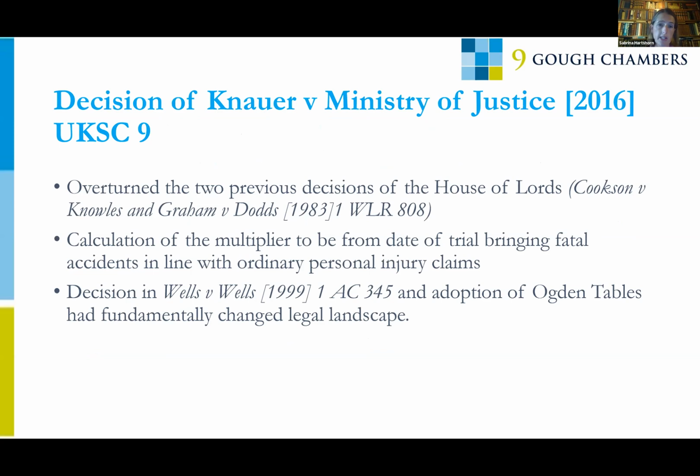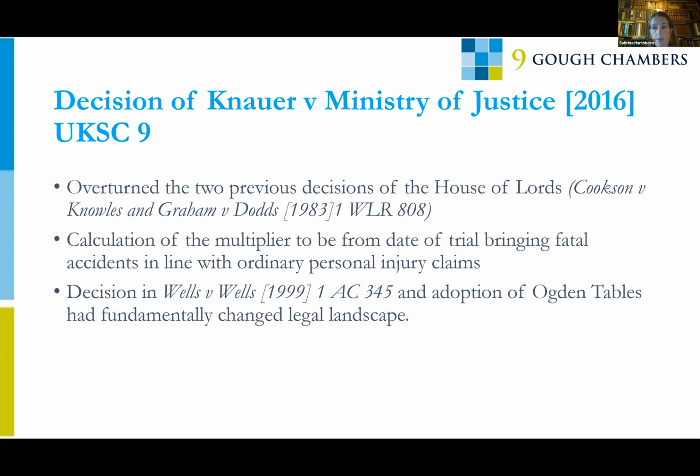So what happened in the decision of Knauer v Ministry of Justice? Well, the Supreme Court overturned the two previous decisions of the House of Lords. That's the one in Cookson and Knowles and Graham and Dodds. And the reason given for overturning those decisions was primarily the decision in Wells and Wells, the 1999 case, namely the adoption of the Ogden tables, which really was your starting point.